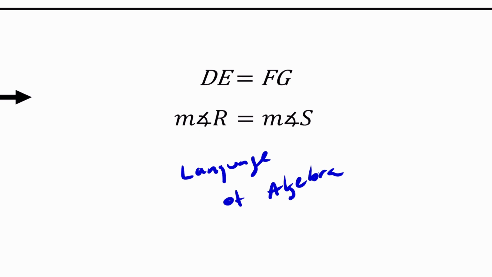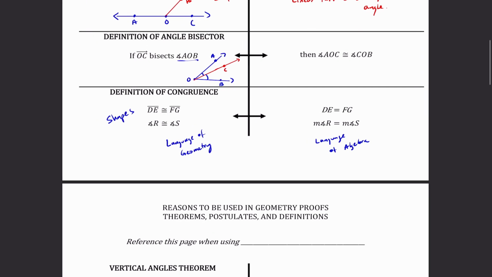For angles, we use the letter M to talk about the value of that angle, like how large that angle is. And again, we use equal signs to talk about algebra. We're solving 2 + 2 = 4. That's the language of algebra, okay? So hopefully that makes sense.